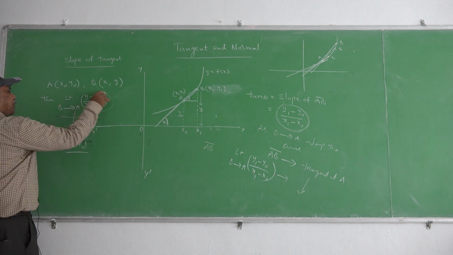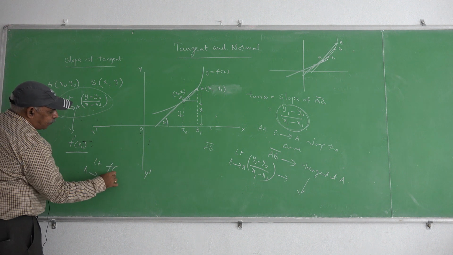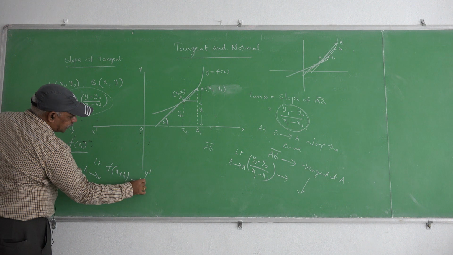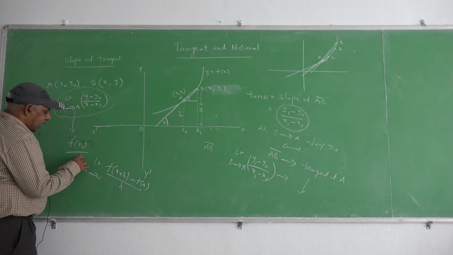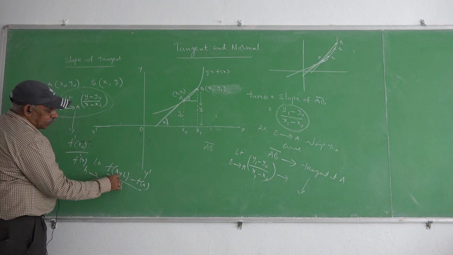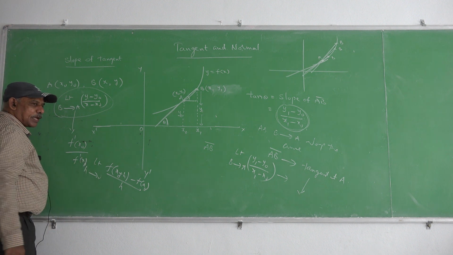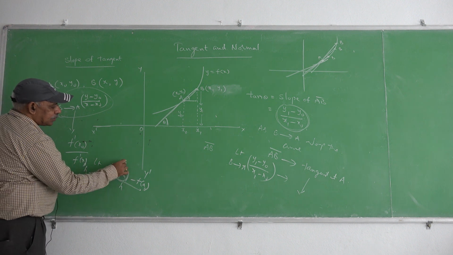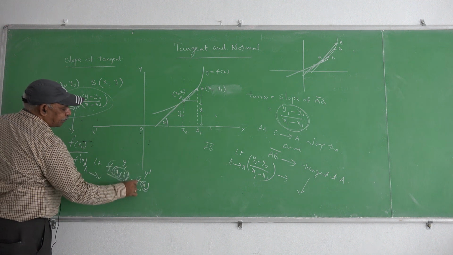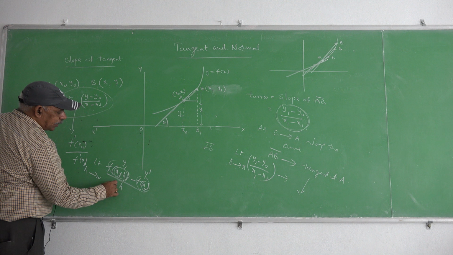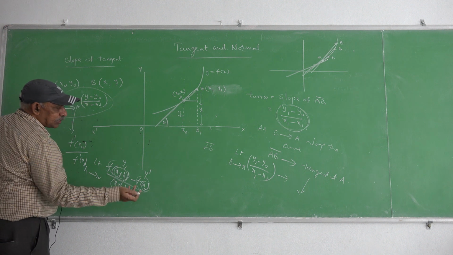By definition, the limit as h goes to 0 of (f(x plus h) minus f(x)) by h gives us f dash x. So, once you take this as x0, this is f dash of x0. This one is y1, this one is y0, and x0 plus h minus x0 gives us h.